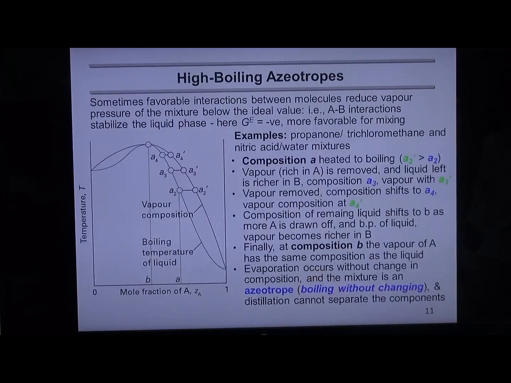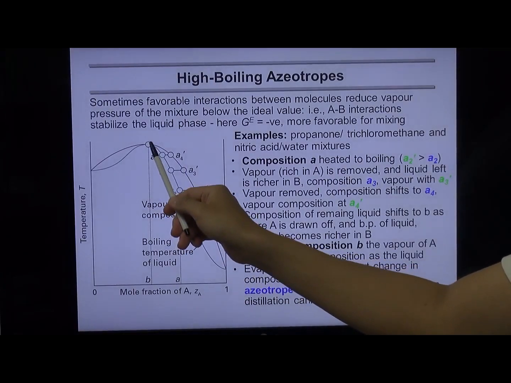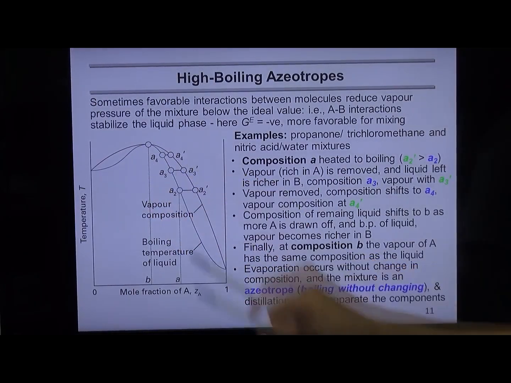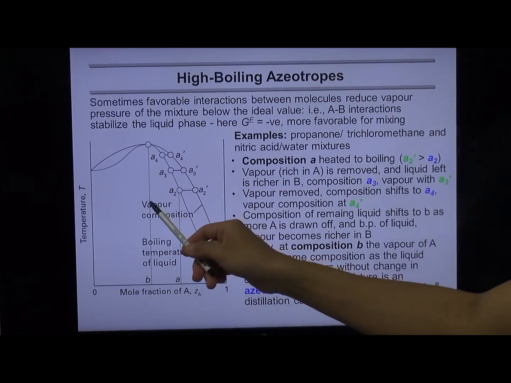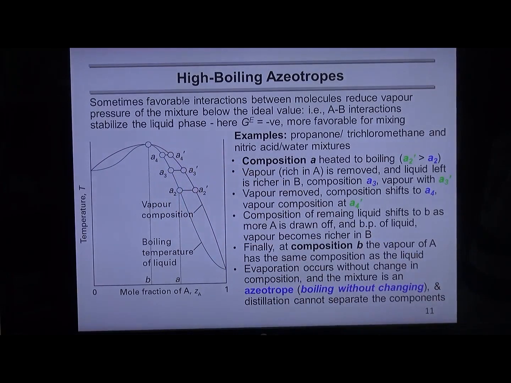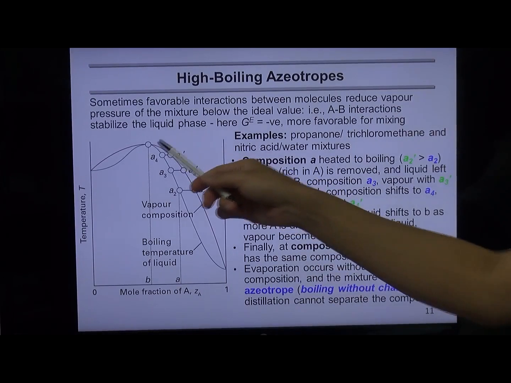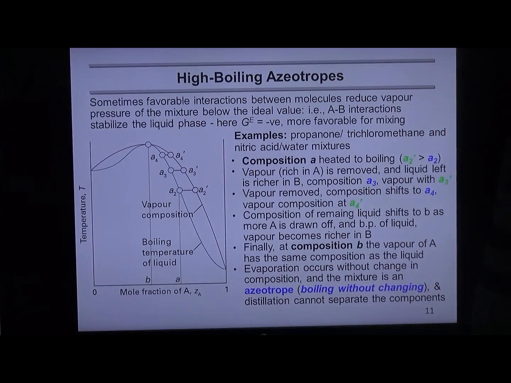But at this point, liquid and vapor have the same composition, so you cannot separate the mixture. The mixture basically boils without changing the composition in the liquid and in the vapor. So this kind of point is called an azeotrope. Azeotrope means boiling without changing composition. So when an azeotrope is reached, you cannot do separation by distillation.